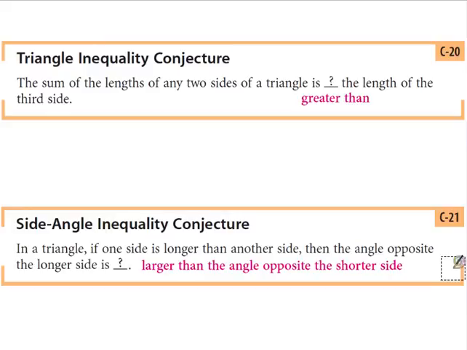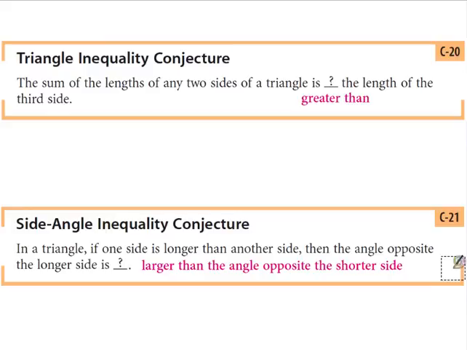So really what that statement means, the largest angle is always opposite the largest side. The smallest angle in a triangle is always opposite the smallest side.